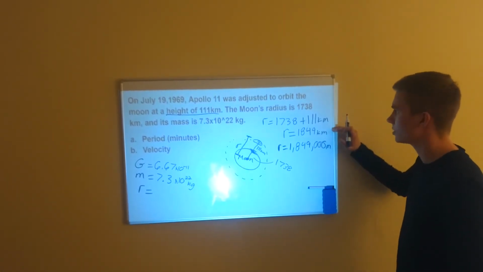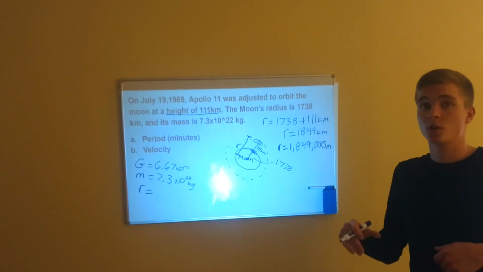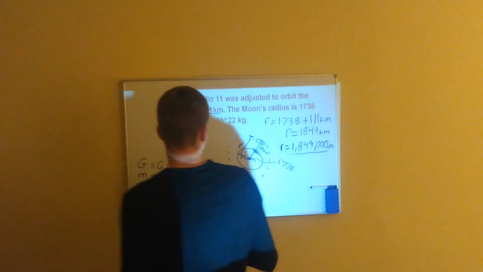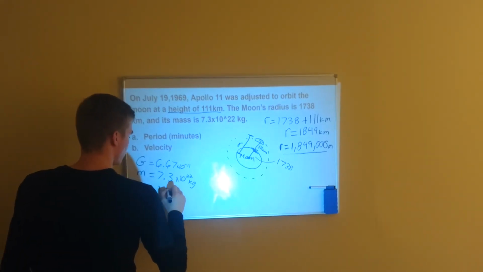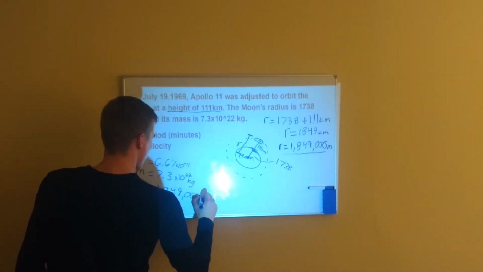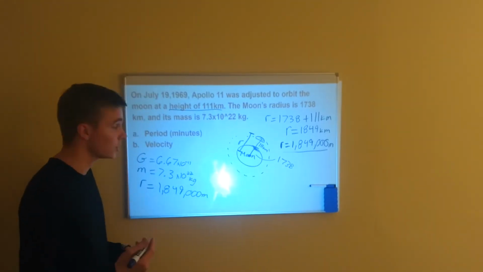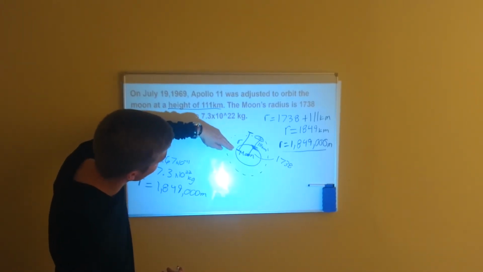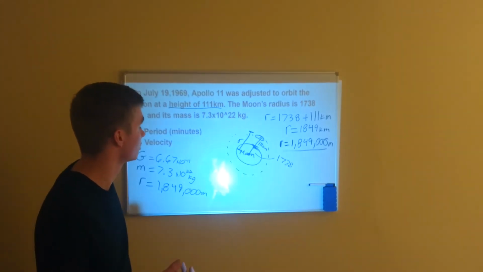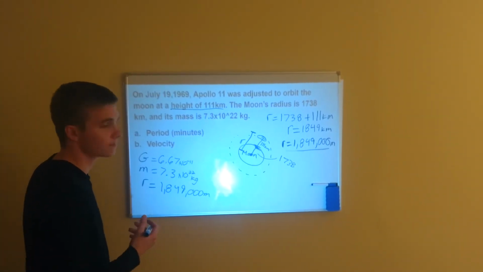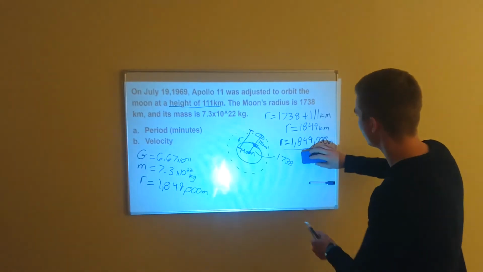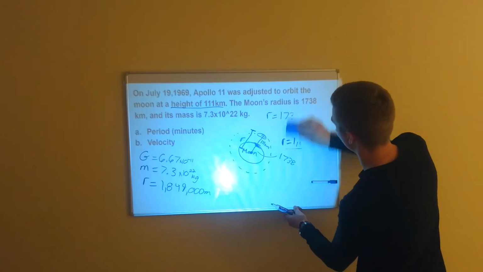Okay, so we're just taking this number in kilometers, we need to turn it to meters or our equation's not going to work. Okay, so this is what we need to write right over here: 1,849,000 meters. Okay? The distance from the center of the moon to the center of the satellite. In this case, it's Apollo 11. Okay? So that was one of the first things here. And I think once you get that R value, I think a lot of you are going to be home free.